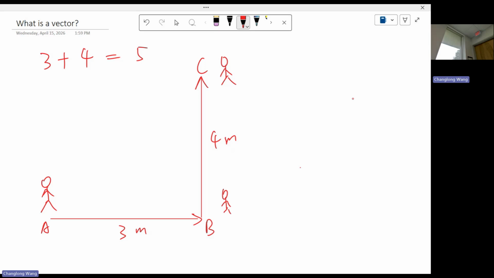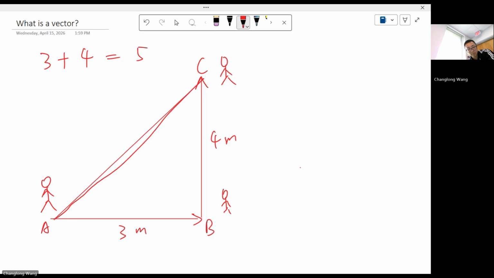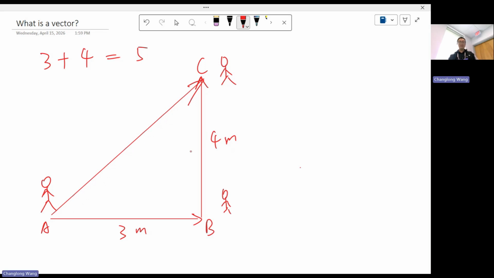The Pythagorean theorem. So basically, you're looking at a right triangle. Right, that's the side AC. And if you work it out, that has to be 5 meters. But that's based on the fact that this is a right angle. Now, what does it mean?